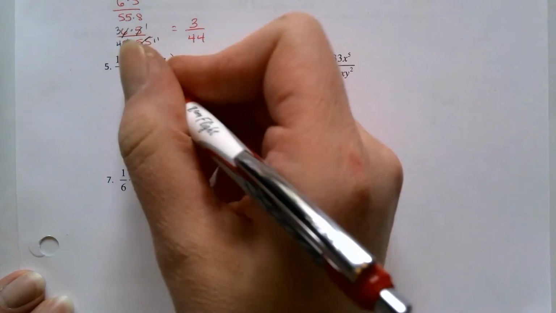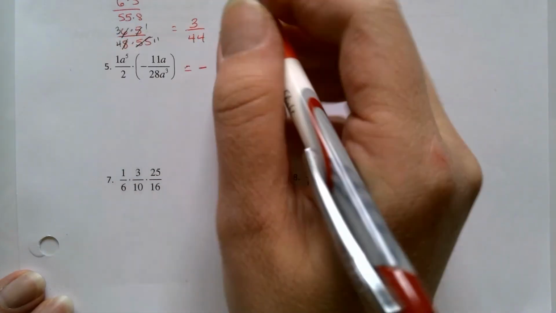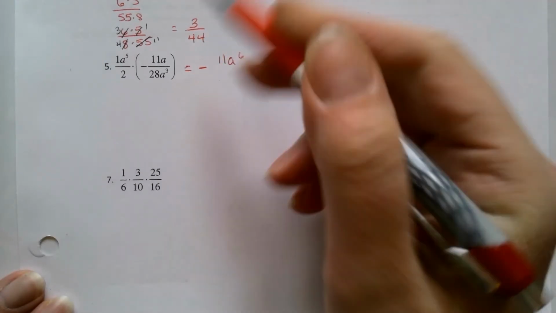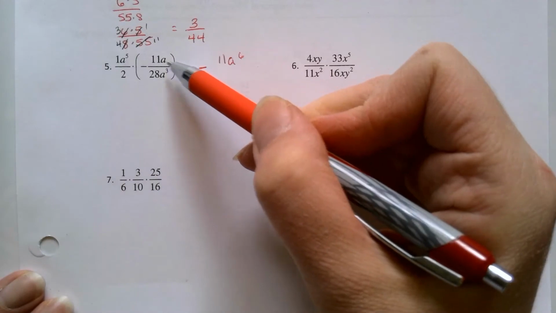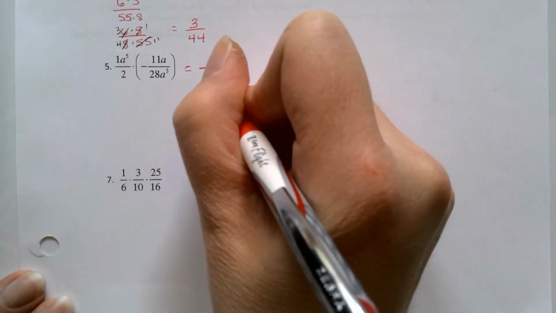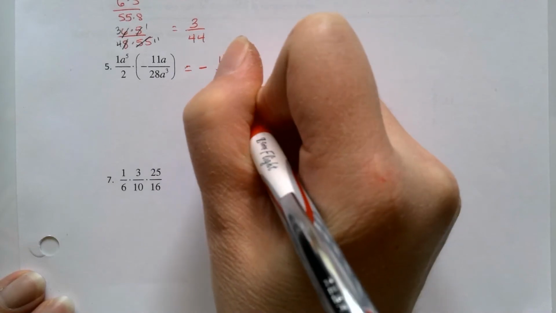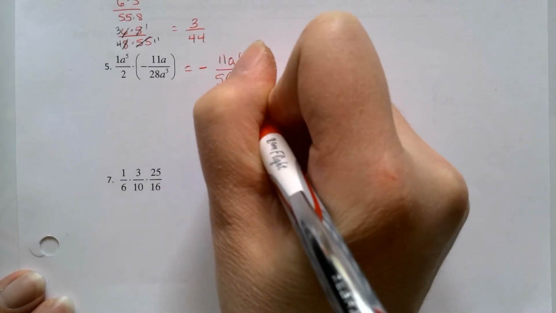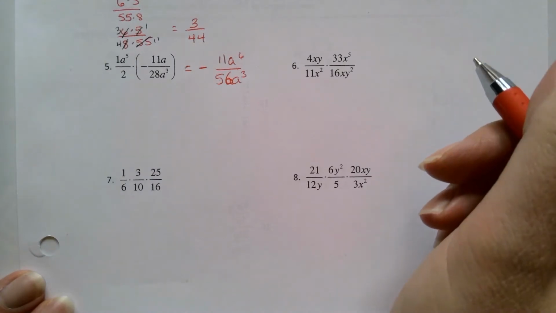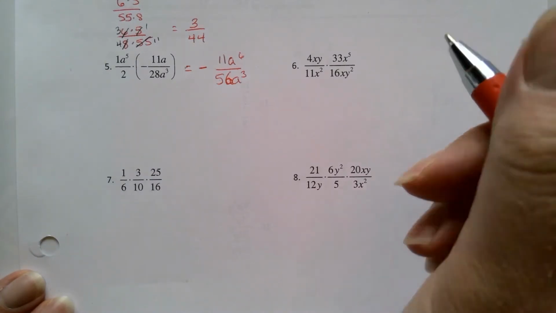So if you look at this and I multiply, I have 1 times 11, so I've got my negative there. And it's 11a to the 6, because we multiply the bases, we add the powers. And in the bottom, I end up with 56a to the 3rd. So there's something that does reduce.